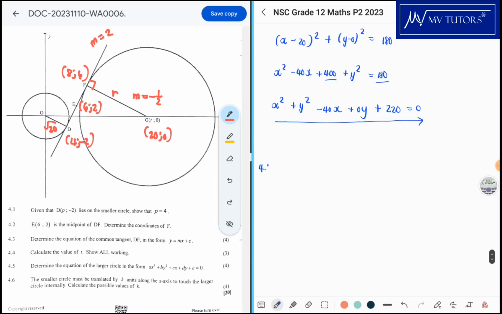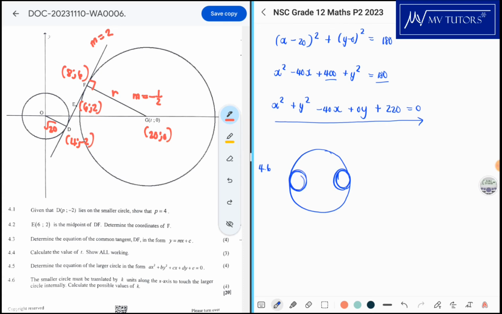And now 4.6, it says now, ooh, the smaller circle must be translated by k units along the x-axis to touch the larger circle internally. Okay, if you have circles touching internally, it can touch internally here. Because it's shifted along the x-axis, it can touch internally there, or if it continues on, it can touch internally there as well.